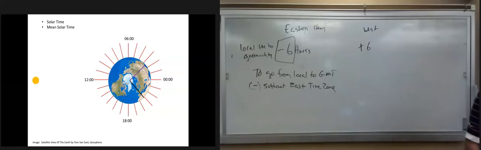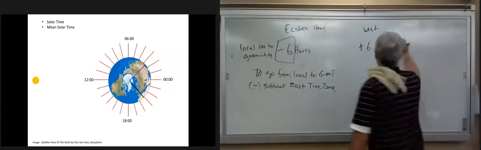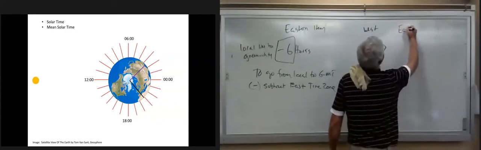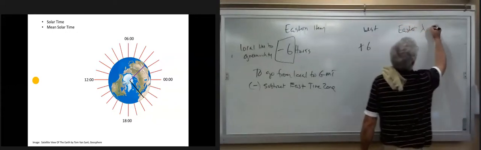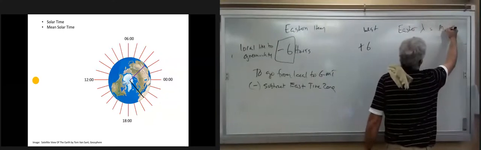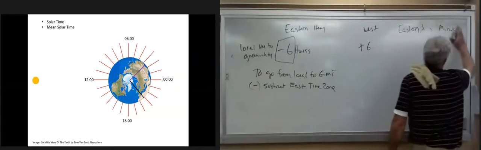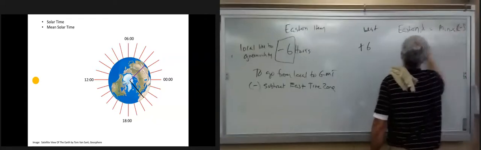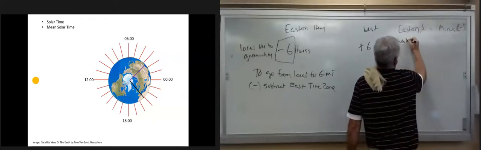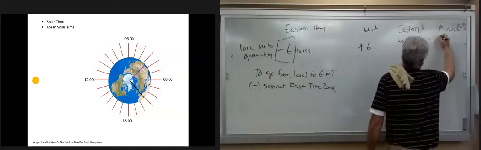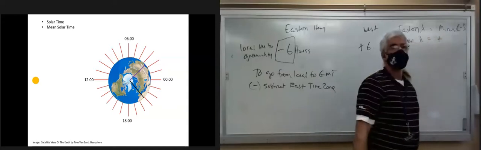In this nomenclature that we're going to do, we're going to name Eastern longitude minus. Eastern longitude is minus. Western longitude is what? Plus.